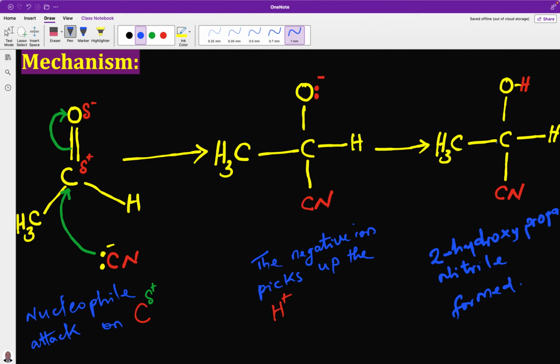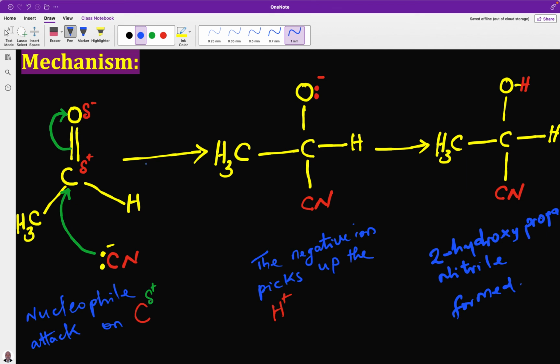For example, ethanal is unsymmetrical and it has a trigonal planar shape. If we look at it here, there is a methyl group, there is oxygen, and there is hydrogen. It has a trigonal planar shape, and it is unsymmetrical.